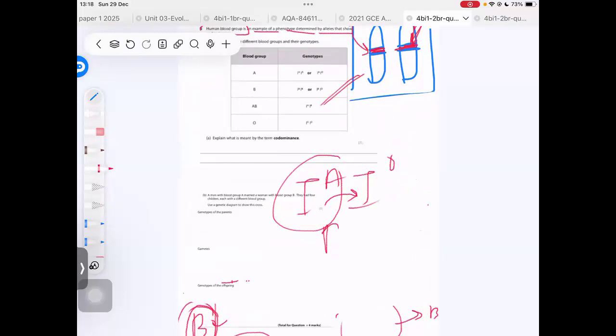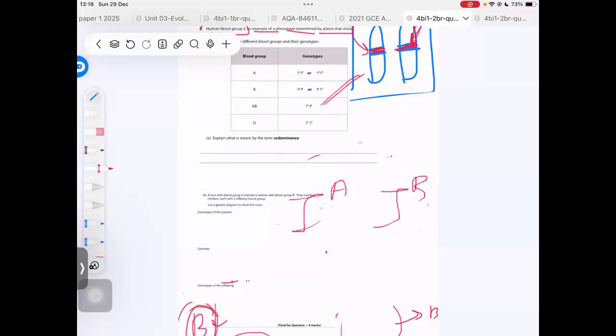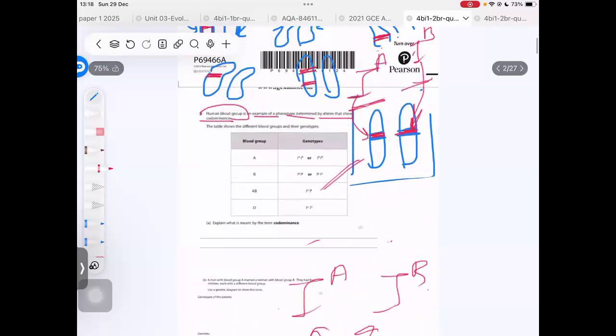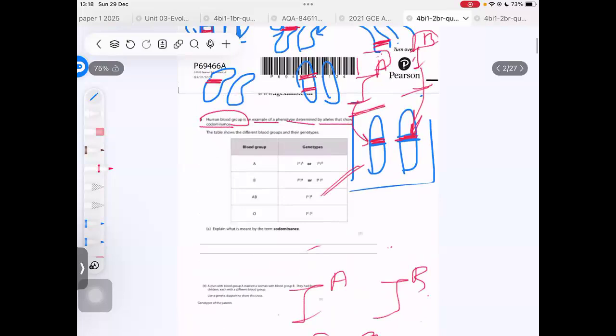But if IA and IB are both equally talented alleles, the teacher would see both are talented, so she sees the colors of both the students. Therefore, when IA and IB are together, you get the AB blood group.